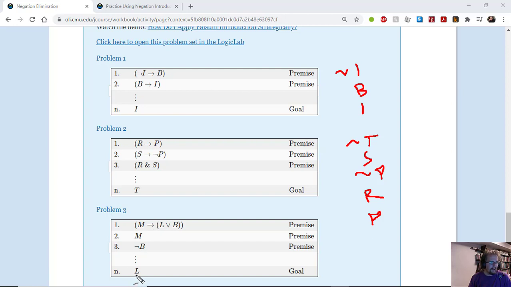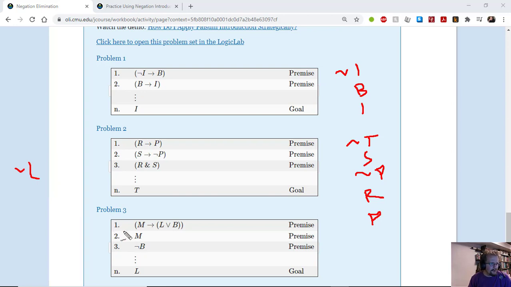Finally, let's take a look down here. For problem 3, we're going to do negation elimination again. This time we're going to assume a not L. Right.